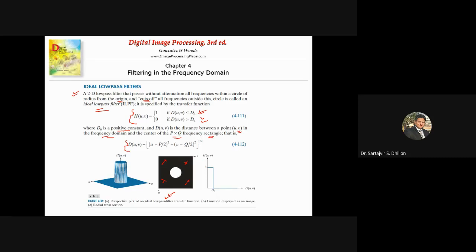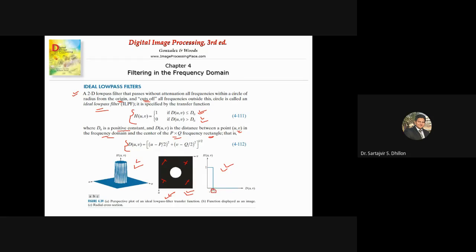First we will go through this figure. There is a perspective plot of a low pass filter, second is the function displayed as an image, and the third is a radial cross section, which passes the low frequencies and rejects all the frequencies higher than the cutoff frequency.